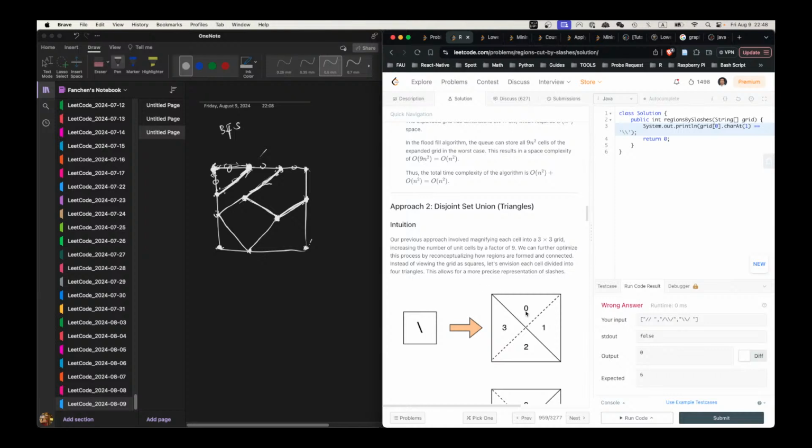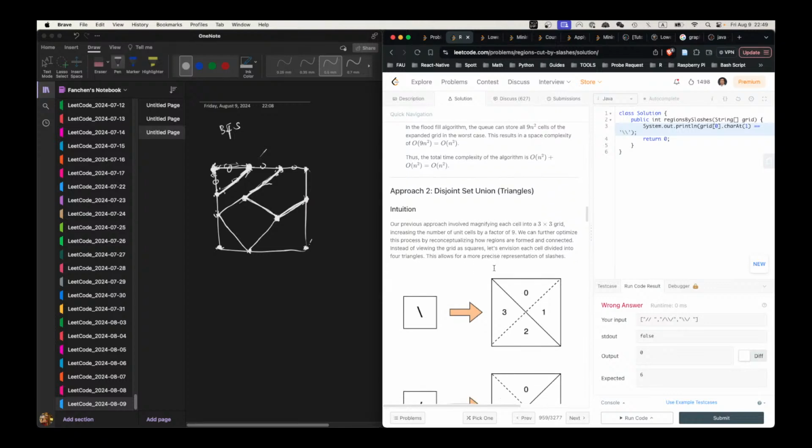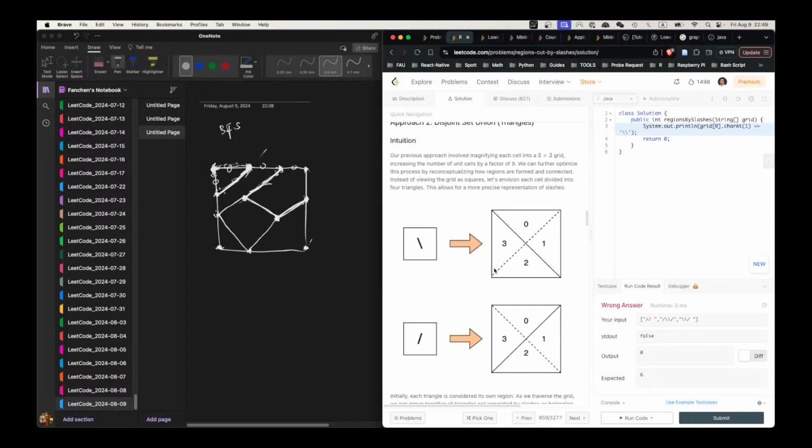Four triangles, okay. Zero, 1, 2, 3. So what you're saying is if we do this, we're joining these together.